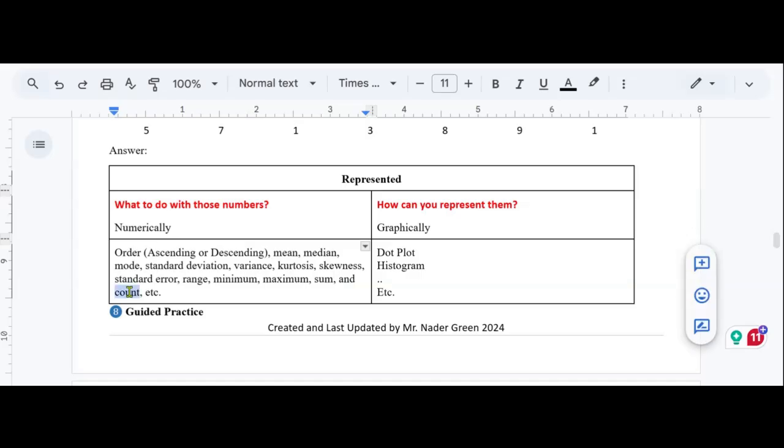Count means how many numbers, right? What's kurtosis? It's another way of getting a value. If you want to learn this, we'll learn it later, okay?